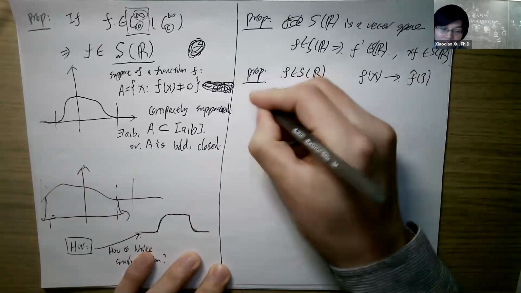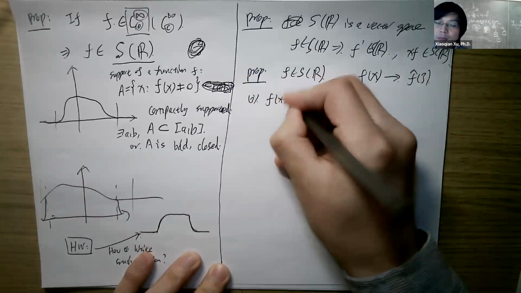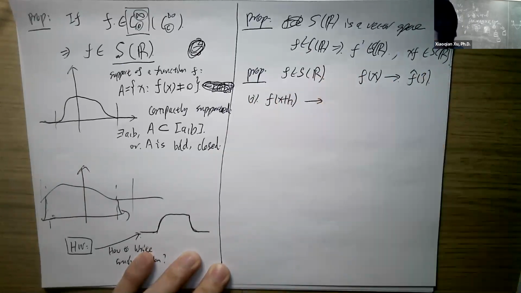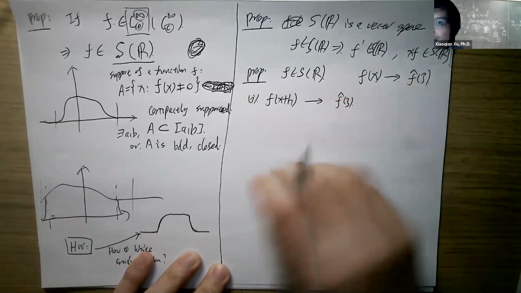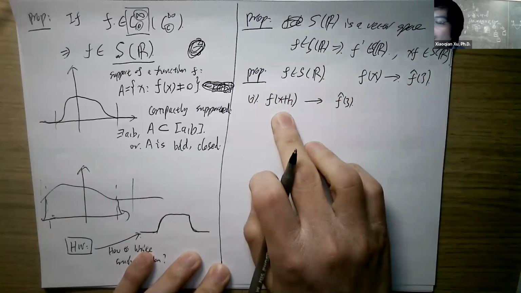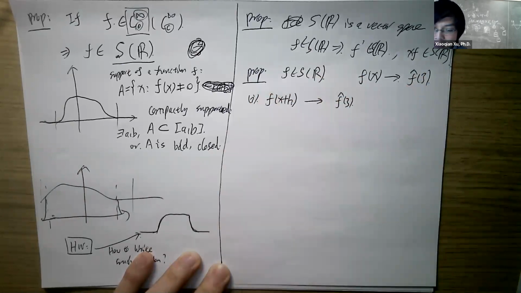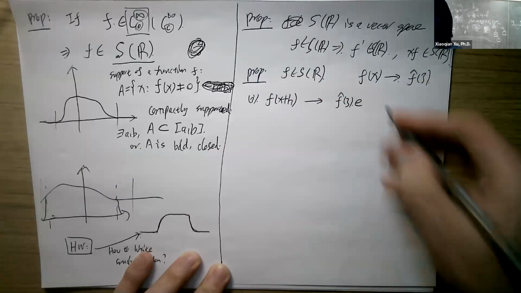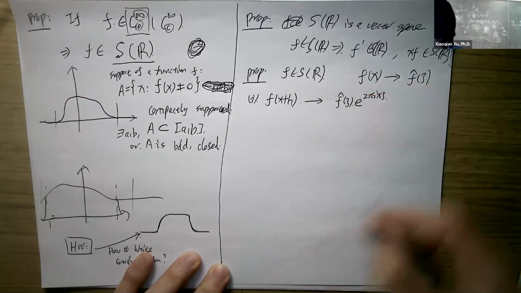Then we have the following propositions. f(x plus h) has the Fourier transform: if you do a translation on the variable, then on the Fourier transform it becomes a multiplication by e to the 2 pi i h xi, for any h in R.